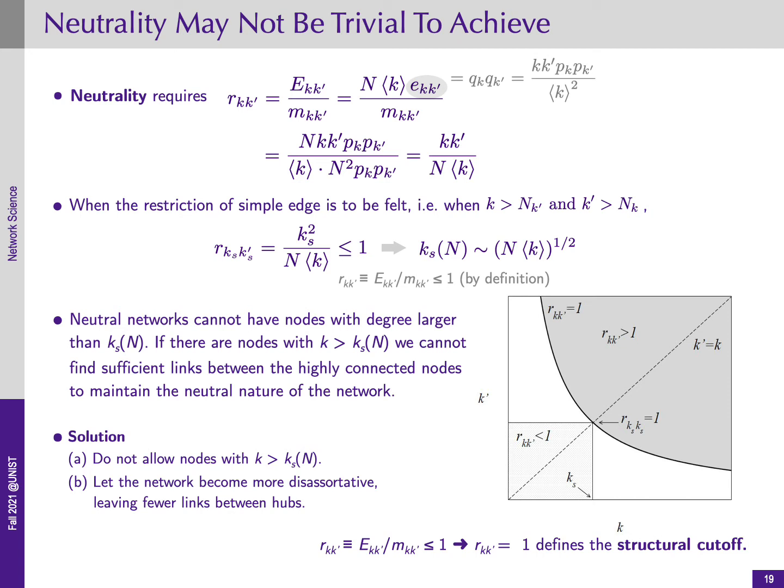Okay, and the second one is to let the networks have disassortative correlations, leaving fewer links between hubs.